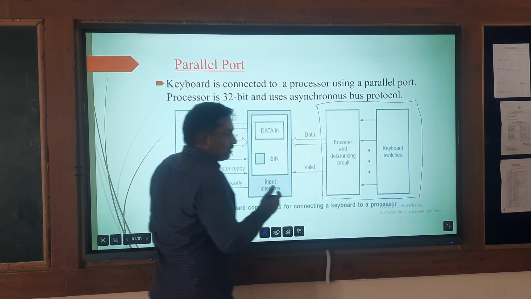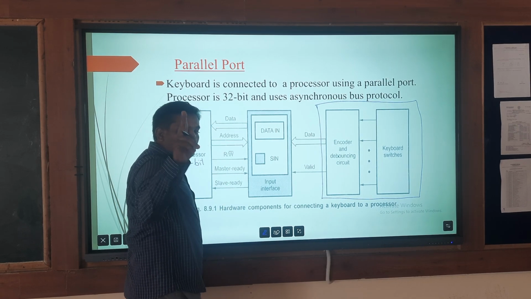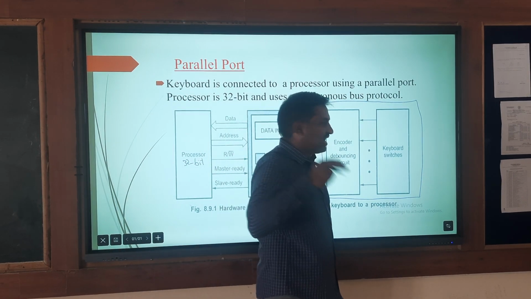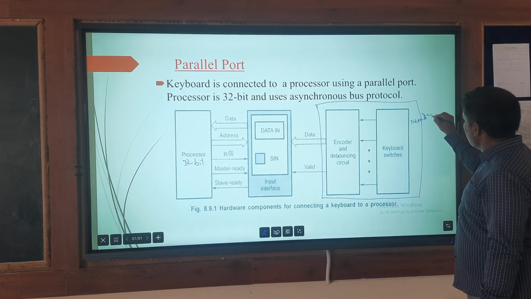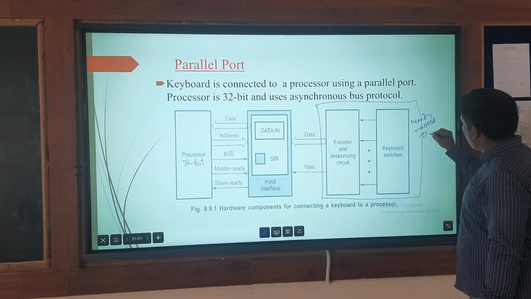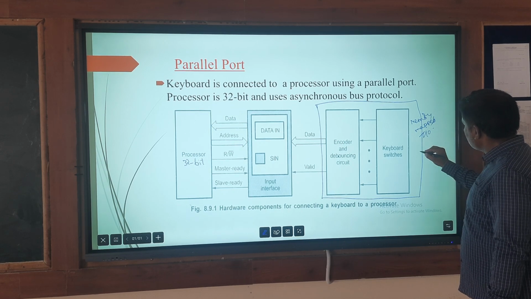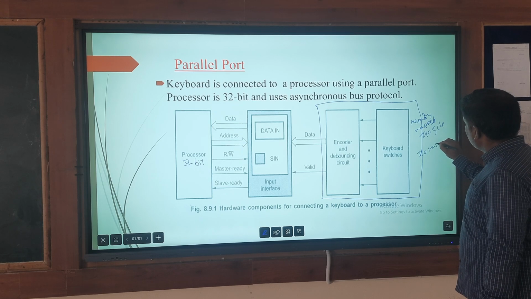Whenever we assign an address to an input output device, there are two schemes we use in this case. One is the memory mapped input output scheme, and the second one is the IO mapped scheme.